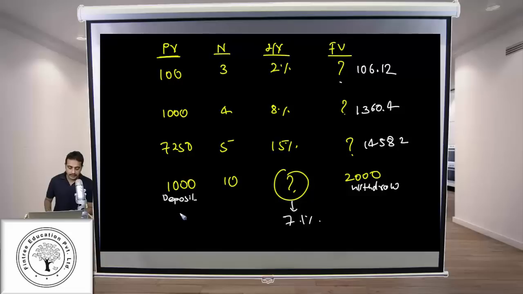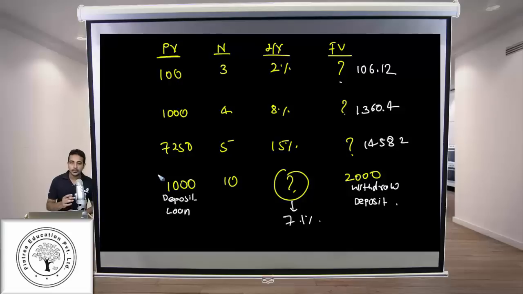Or if you take a loan today, then after 10 years you will have to deposit 2000. So your calculator does not know whether you're taking a loan or making a deposit. Are you following what I'm saying? But what your calculator knows is, irrespective of what you're doing, the signs have to be opposite of each other. Which means if your present value is positive, then your future value has to be negative to tell your calculator you're working in the opposite direction.